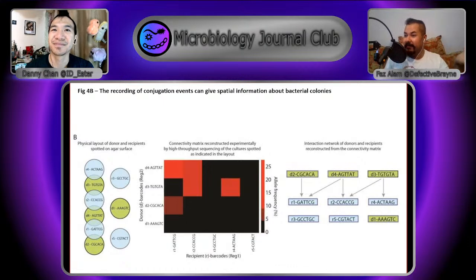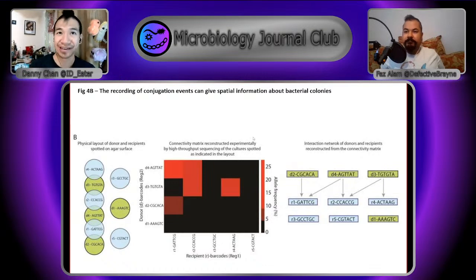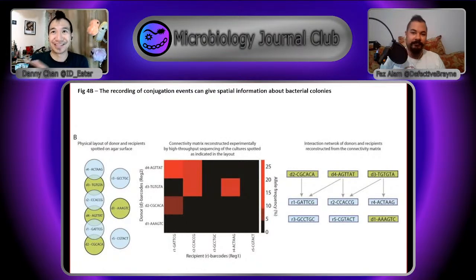The idea is that they set up this artificial scenario in B. They marked all these different bacteria with different donor barcodes and put them in a spatially isolated pattern. Then they scrape it all off the plate, disregarding all the nice dots they set up, and sequence the whole thing.